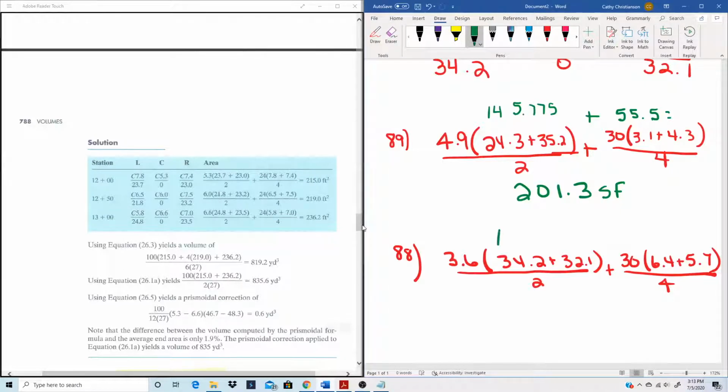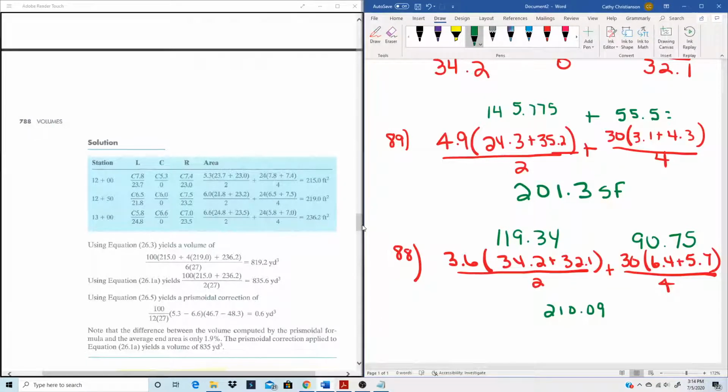We got 119.34, and then I'm going to do the other side. I'm just breaking it down so I don't make a mistake. Add the two together. 210.09, and that would be correct.